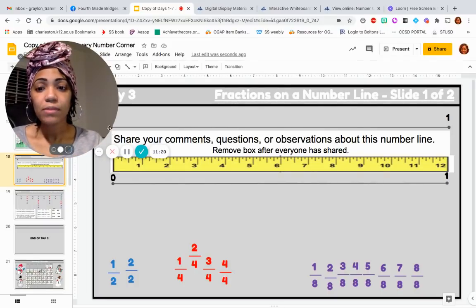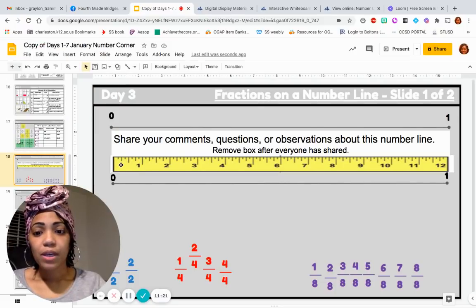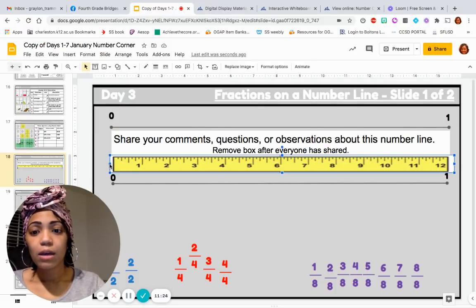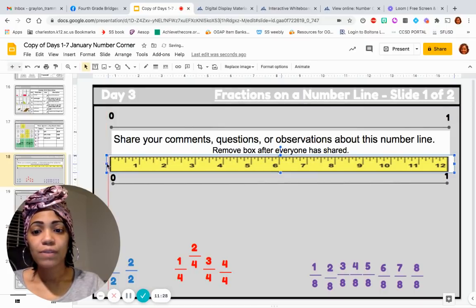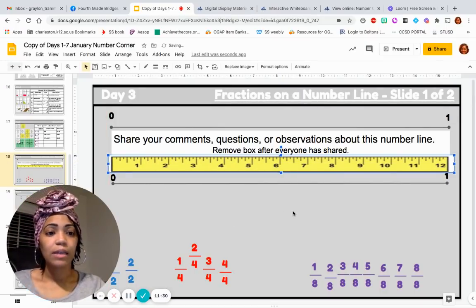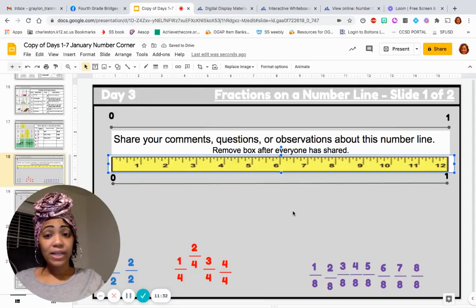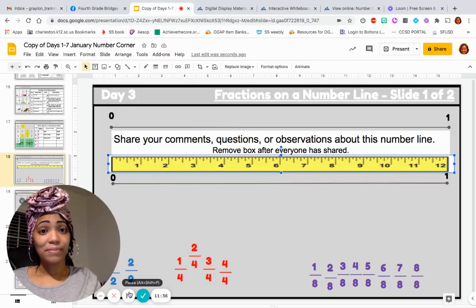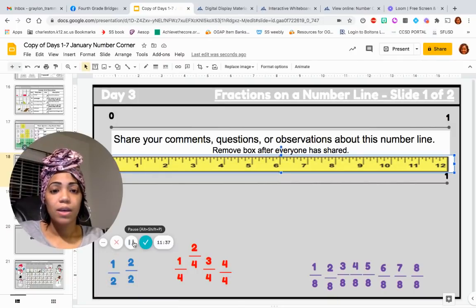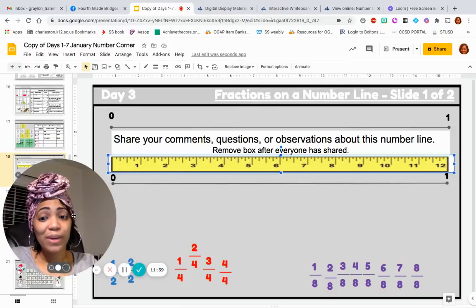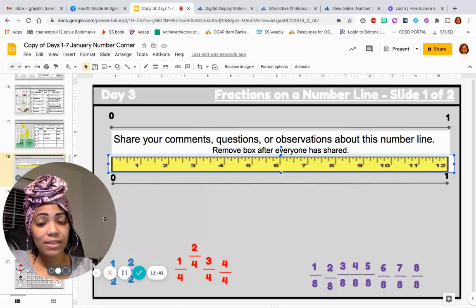Okay, so 1 foot, and it is 12 inches, so let me make sure I got this lined up perfectly here. And we're going to start by putting some fractions on this number line. We are going to start with the halves, and we're going to label halves in blue.